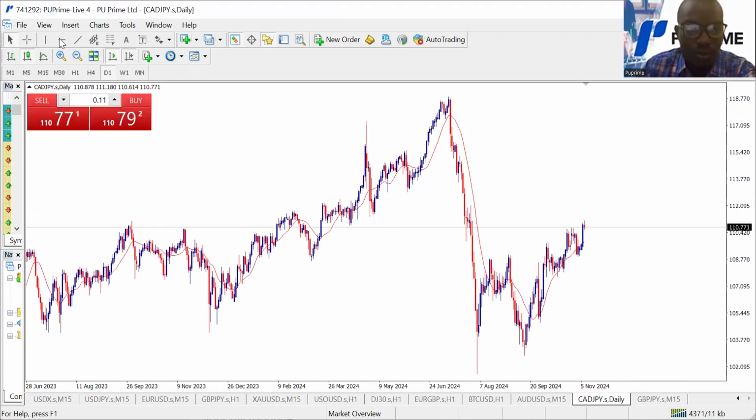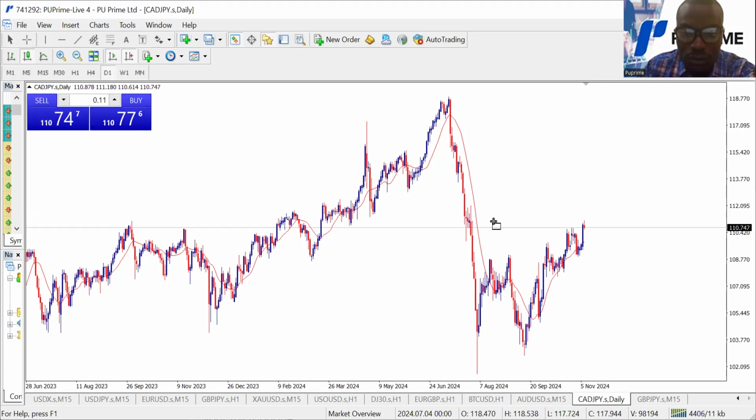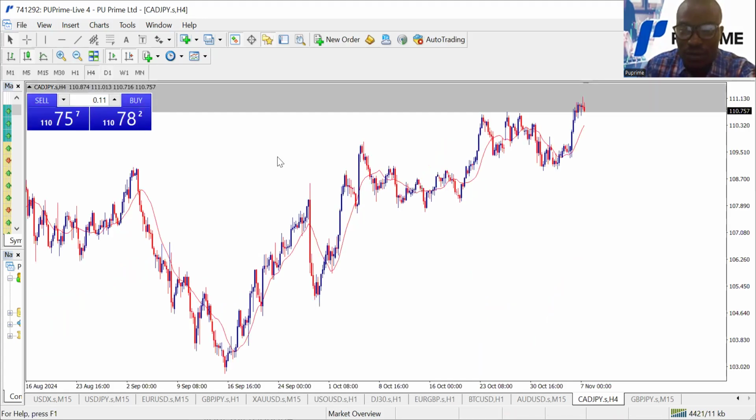We are at this resistance on the 4 hours time frame.